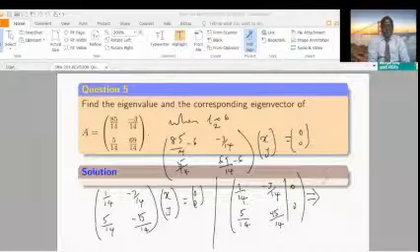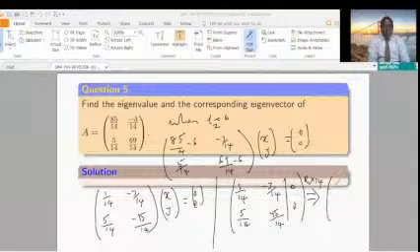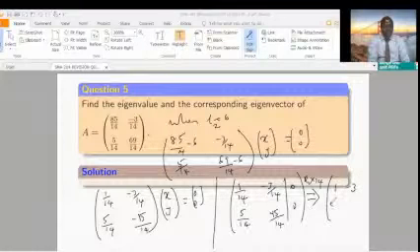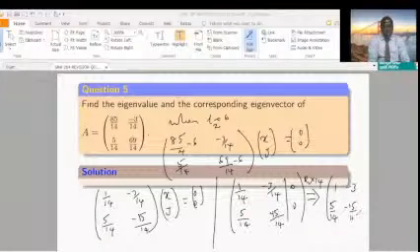Multiply row 1 by 14. This becomes 1, and this becomes negative 3. And row 2 remains the way it is, 5 out of 14, and then negative 15 out of 14, 0, 0.